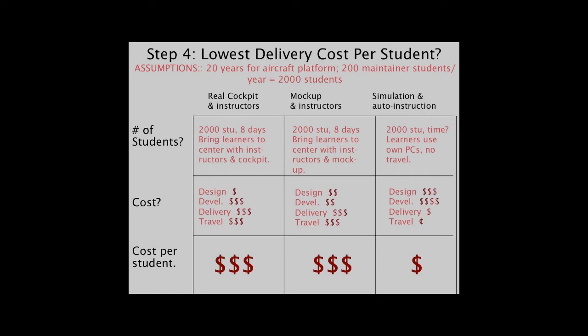Sometimes we try to do an armchair estimate of costs, and we use just dollar signs. Obviously, just like a restaurant listing, the $1 sign is a low cost, and then 2 is moderate, and 3 is high, and 4 is very high. So we do this like an armchair sort of analysis.